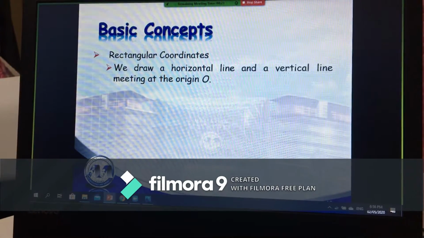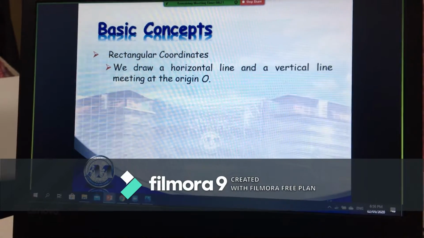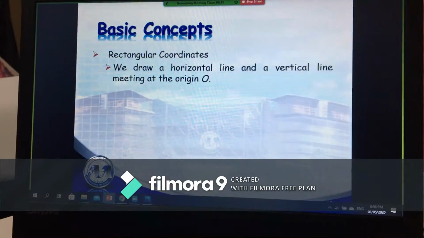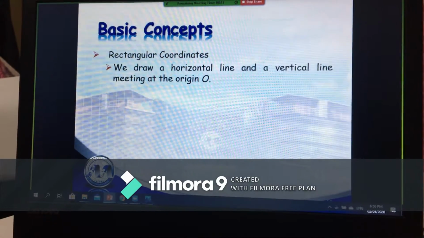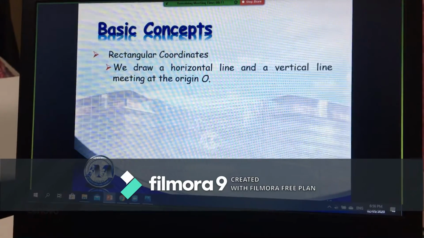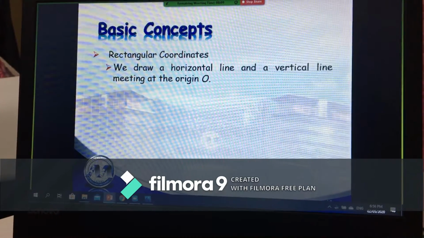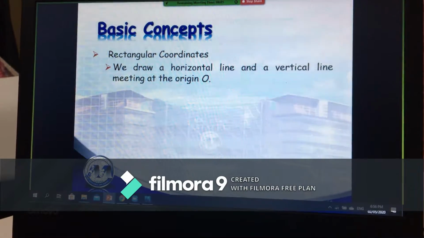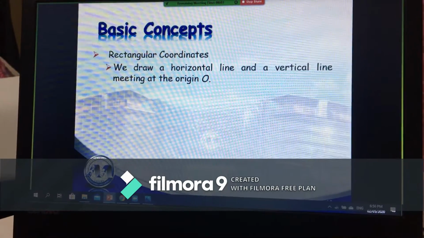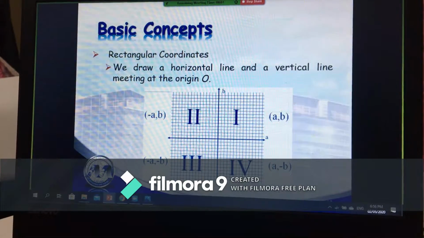Now, rectangular coordinates. So when we speak of rectangular coordinates, this time we have the vertical and horizontal. So kanina, we have only the horizontal line, the directed line segment, or the real number line. So this time we have a vertical line. This vertical line meets the other line at the origin O. Okay?